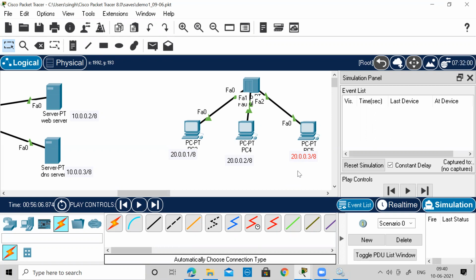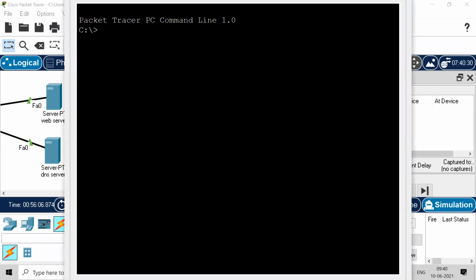Both 20.0.0.1 and .2 sensed the medium, saw that it is free, and decided to start the communication. I'll try to ping, which is a command to check whether the opposite device is ready for communication. So connectivity, as I said yesterday, is the network layer status.